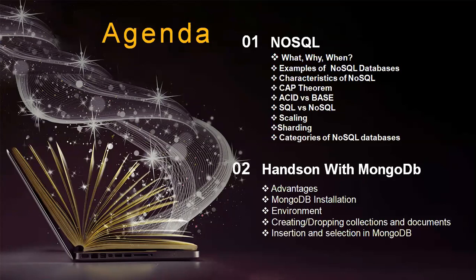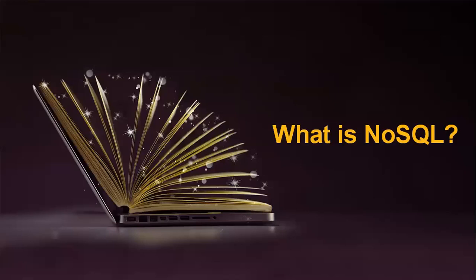We will discuss the advantages of MongoDB, then installation, environment setting variables of MongoDB, creating and dropping collections and documents in it, and then practice sessions on insertion and selection in MongoDB.